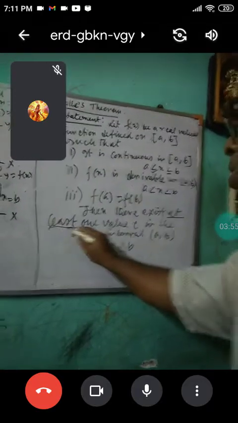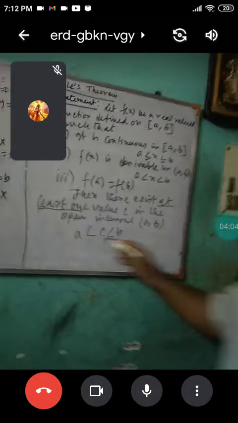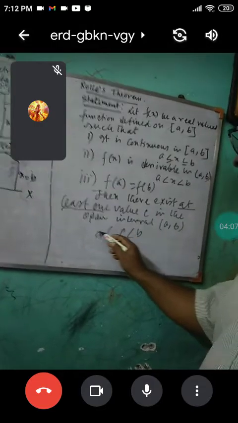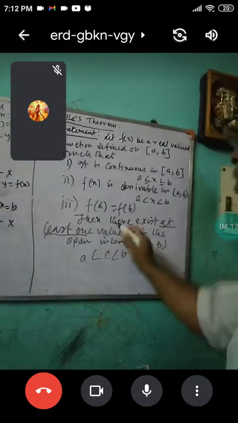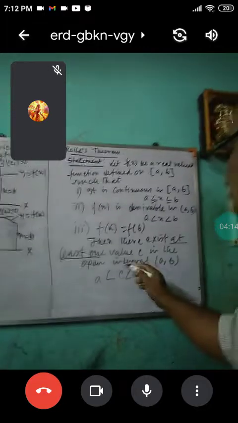At least one value of c, this is a very important part. You may get two values or three values of c, so that from these two or three values, at least one value lies in (a, b), that is, a < c < b. Then there exists at least one value c in the open interval (a, b) such that f'(c) = 0.